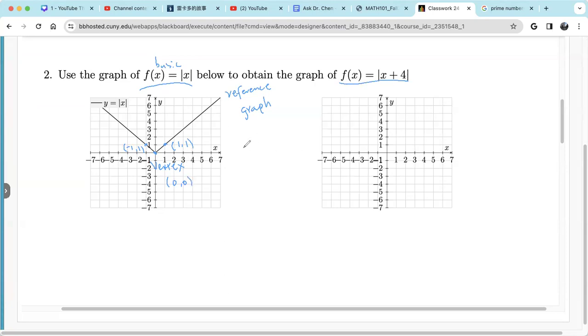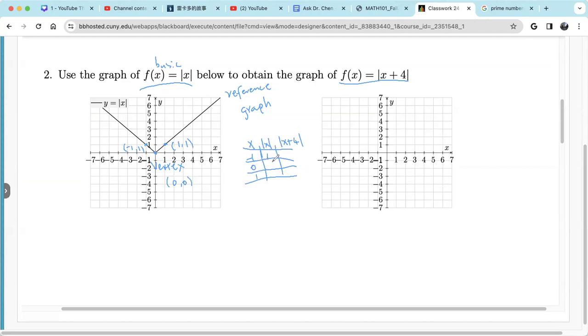We could make a table of values. So this is the x value, this is the absolute value of x, and this is the absolute value of x plus 4. We picked x equals negative 1, x equals 0, and x equals 1.